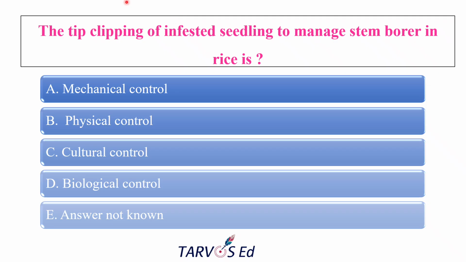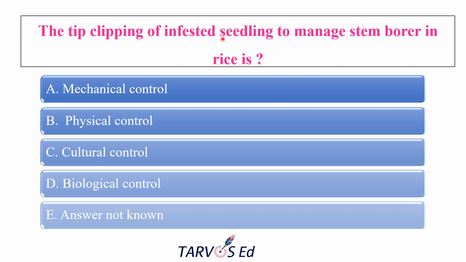What is tip clipping? Generally in rice nurseries, if stem borer eggs or larvae are present, farmers usually clip 2 to 3 centimeters of the seedling tip before transplanting, because the seedling tip is where stem borers usually lay their eggs, right?